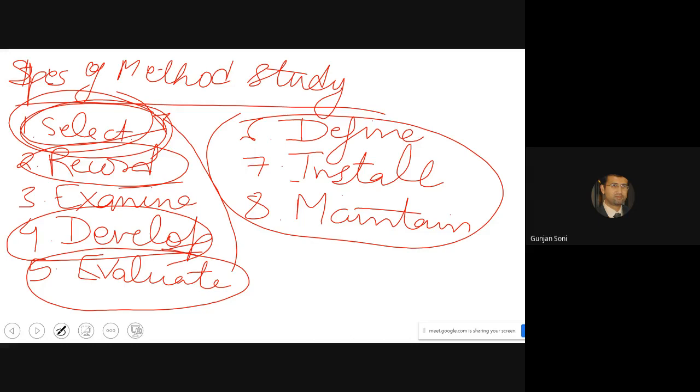There are many attachments to it, many auxiliary attachments. So where will all these things be? It's not that they will be lying under the machine. There'll be a place, there'll be a store, or there'll be a tool post where all these will be kept. So how much is the movement to the tool post in a day? Maybe that tool post itself could be moved closer to the machine.